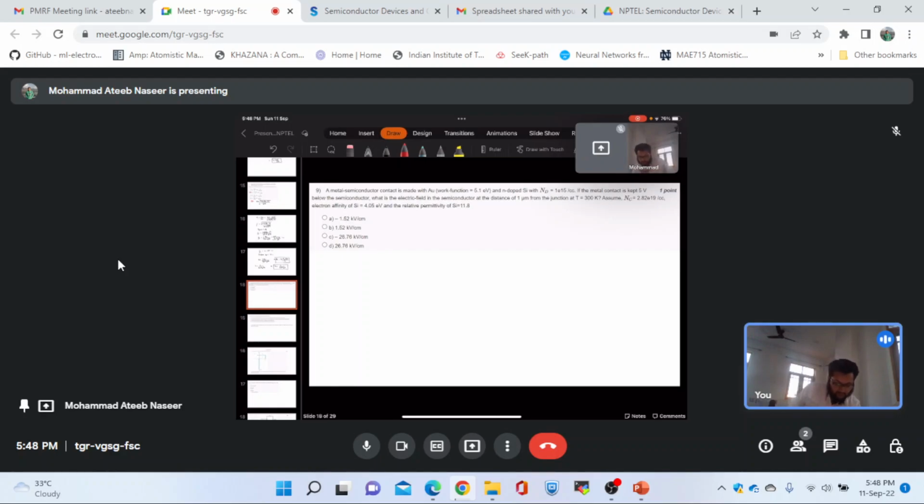The temperature is 300 Kelvin, the effective density of states at the conduction band edge is 2.82 times 10 raised to the power 19 per centimeter cube, the electron affinity for silicon is 4.05, and the relative permittivity is 11.8.